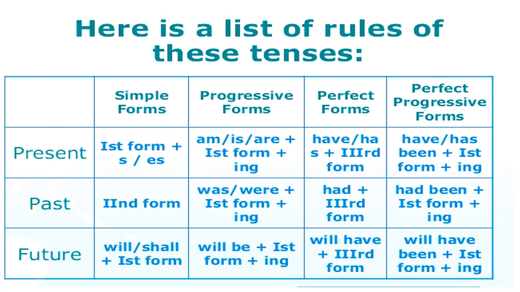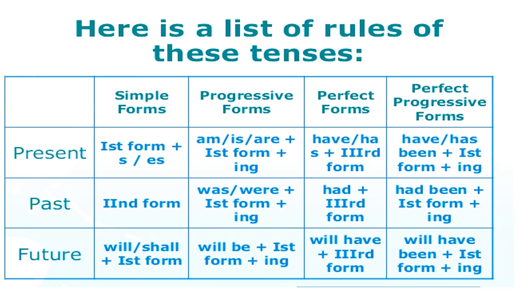The third form, had plus past participle for all types of subject. Perfect progressive forms, had been plus first form of the verb plus ing for all types of subjects.